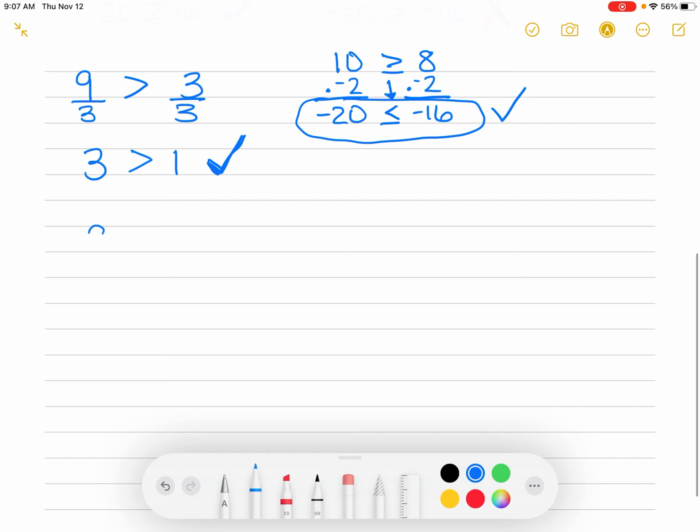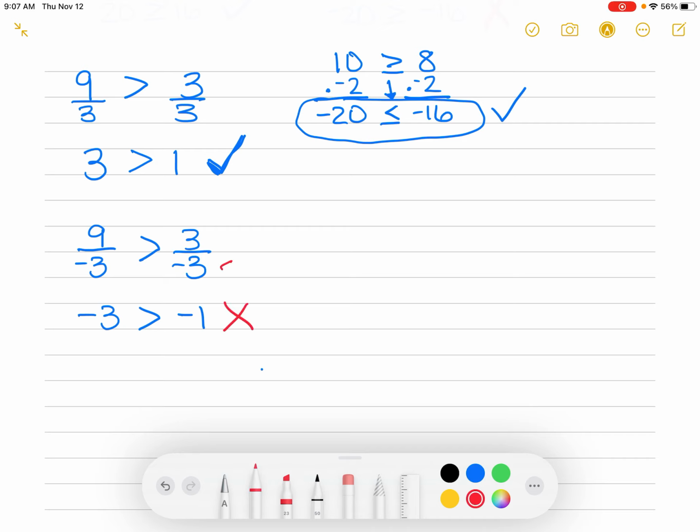Let's try that with a negative number. Let's divide by negative 3. Okay, so that's going to give me negative 3 is greater than negative 1. Is that true? Is negative 3 greater than negative 1? No, remember these are negative numbers, so the smaller the number is, then really it's bigger, right? So negative 1 is bigger than negative 3. So this one does not work.